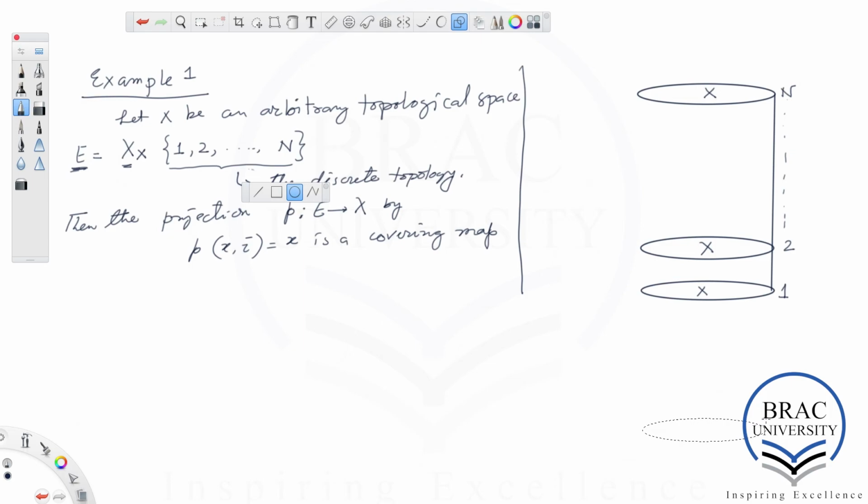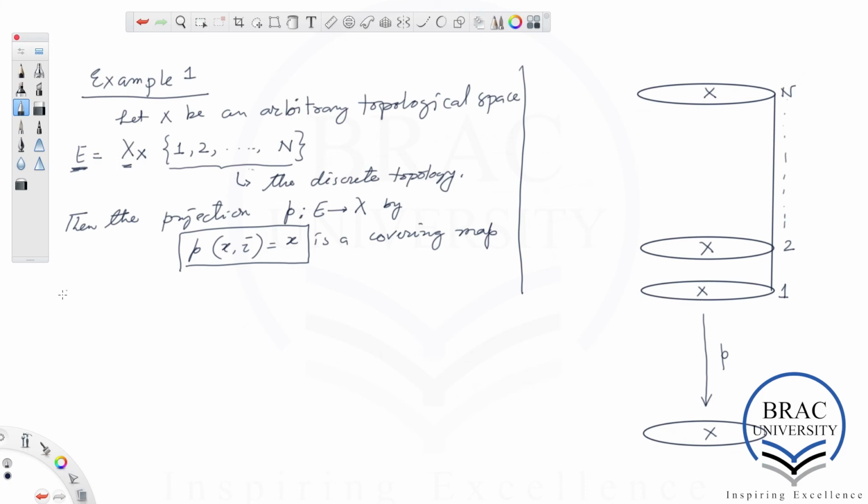The base space being also a copy of X. Something like this. This is also X, and this is the covering map P, which is the trivial cover given by this equation. Projection onto the first factor.